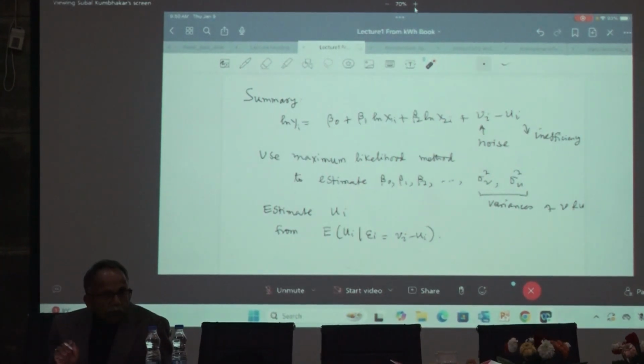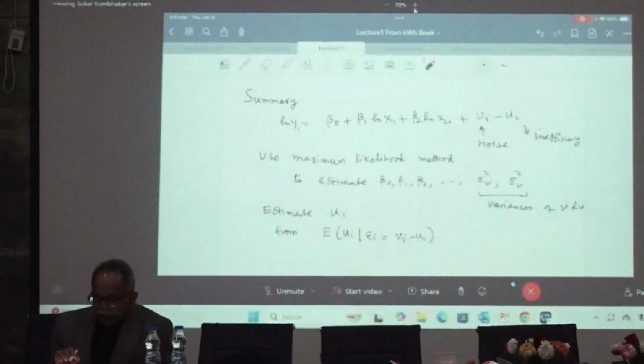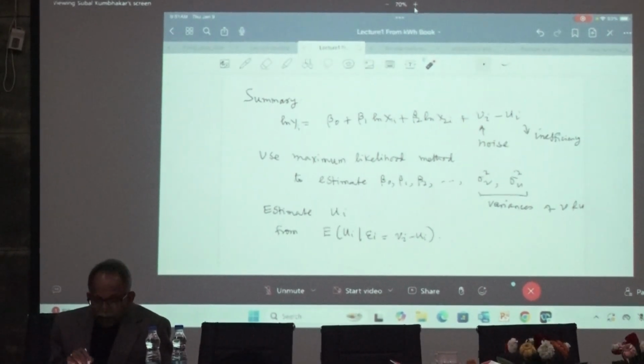The objective of this whole exercise is not only to estimate the parameters beta 1 and beta 2, which are elasticities. Remember, beta 1 indicates the percentage change in y for a 1% change in x1, and beta 2 indicates the percentage change in y because of a 1% change in x2. These are called elasticities, and the sum of those elasticities, as I mentioned, can be used to measure returns to scale.